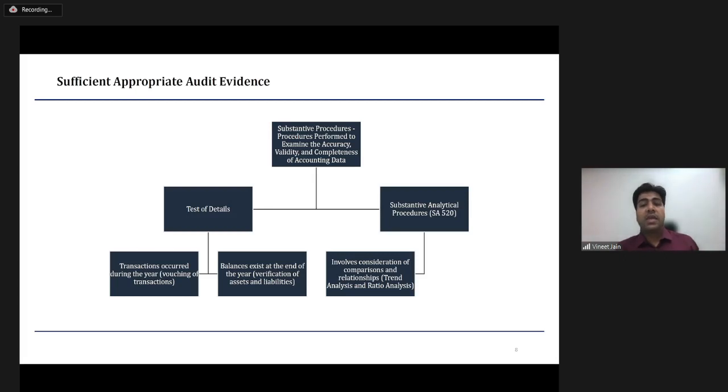In the case of share capital, if the company was incorporated 3 years ago, when sufficient appropriate audit evidence was obtained through comparison, you need not go back 3 years and check that first share capital was introduced, the prospectus was issued, and test bank receipts and all of those things. We need not go back 3 years.